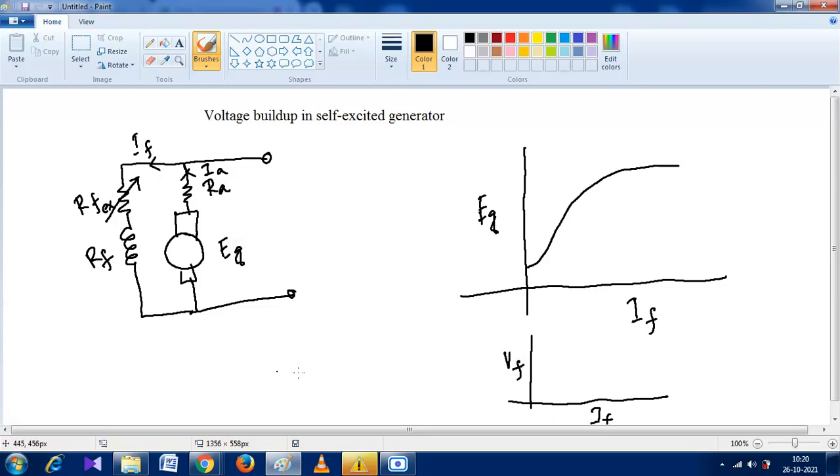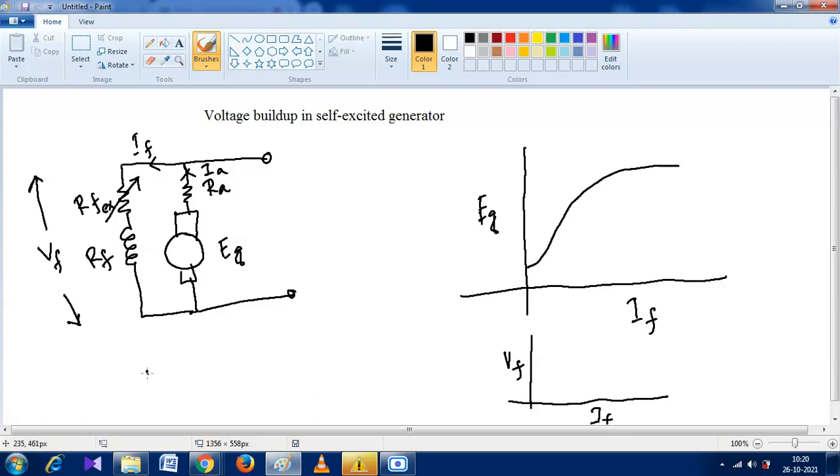Suppose VF is the field voltage. What is the nature of the curve of field current?